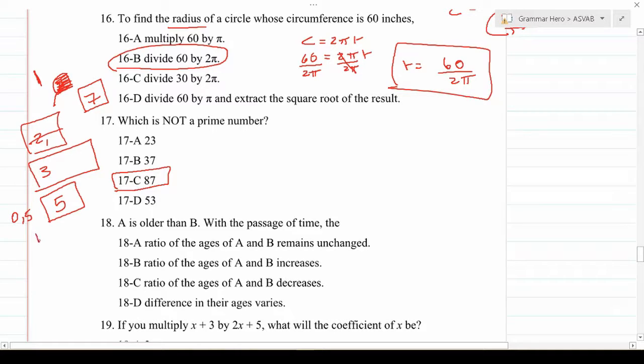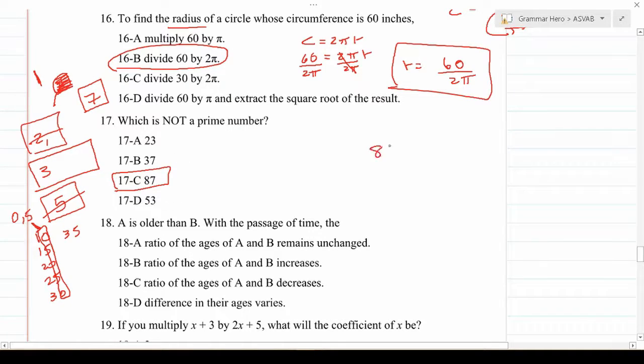So for example, 5, 10, 15, 20, 25, 30, 35. So if you were to ever see a number that ends in a 0 or a 5, you know right away it's divisible by 5. So I know this isn't divisible by 5.